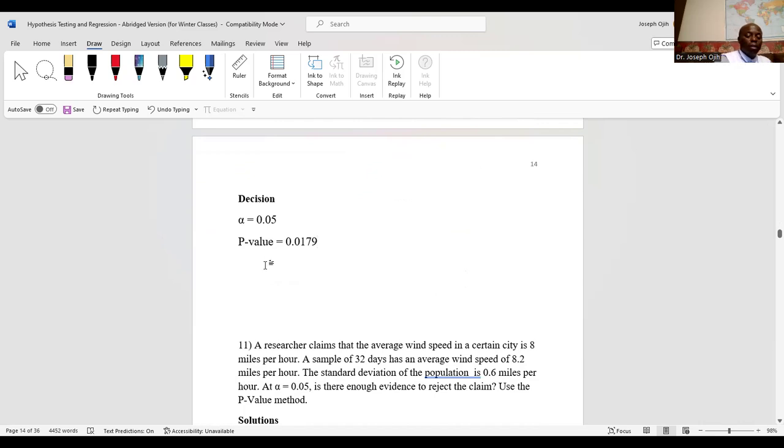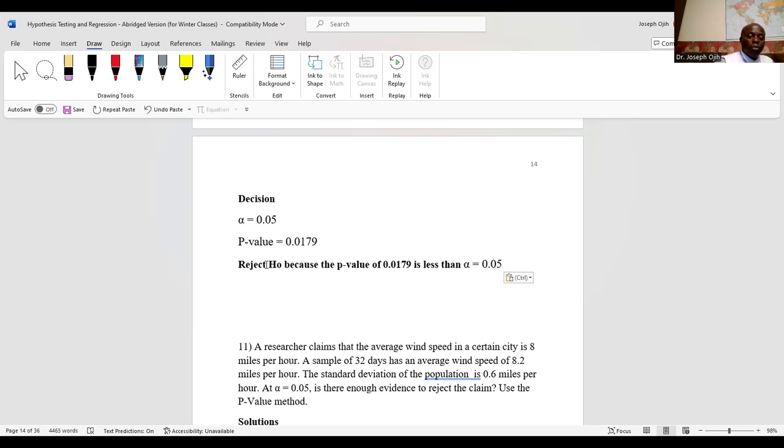In that case, reject H0, because the p-value of 0.0179 is less than the alpha of 0.05.